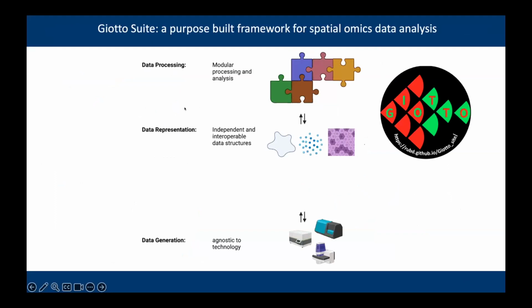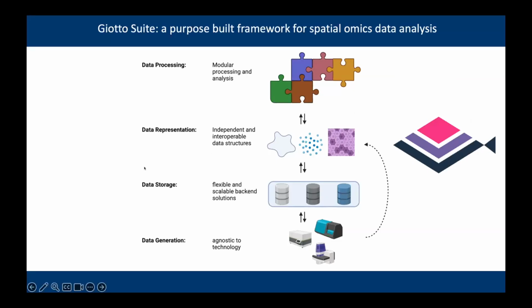But perhaps more importantly, and that's what I'm talking about most of the time today, we really needed different ways to represent the underlying data, so that we have independent and interoperable data structures for the different data types we were working with, to make it as flexible as possible, and I showed you some of these future data sets, to work with them in a very efficient way. Last but not least, we also work on the data storage and think about how we can do this in a very flexible and scalable way. So altogether, Giotto Suite represents data generation, data storage, data representation, and data processing in one way or the other.